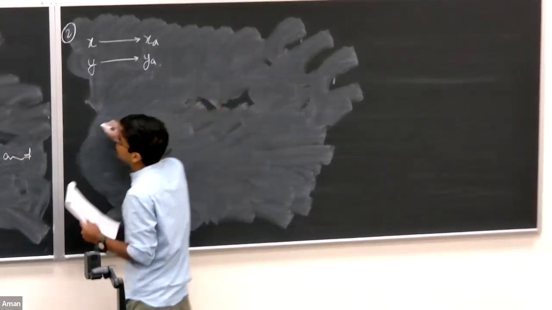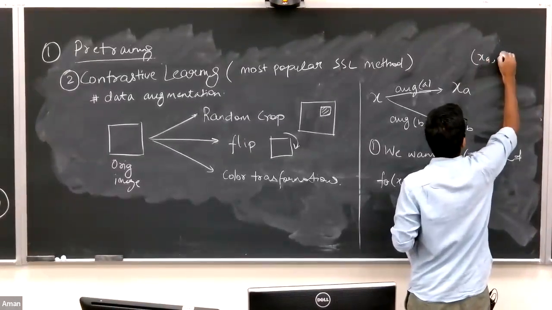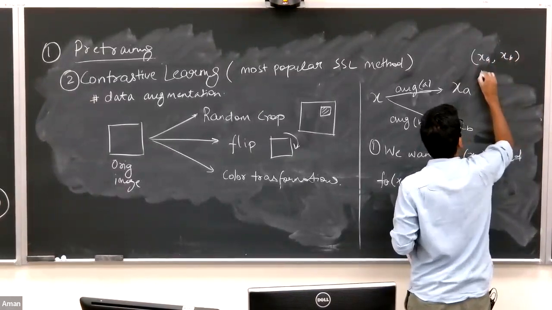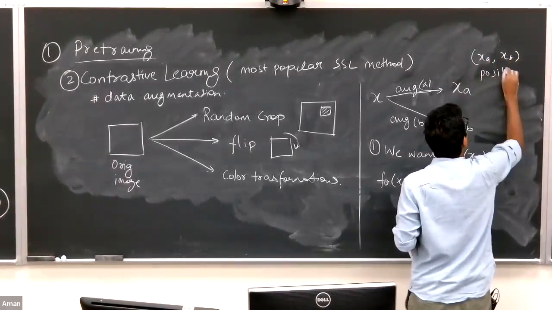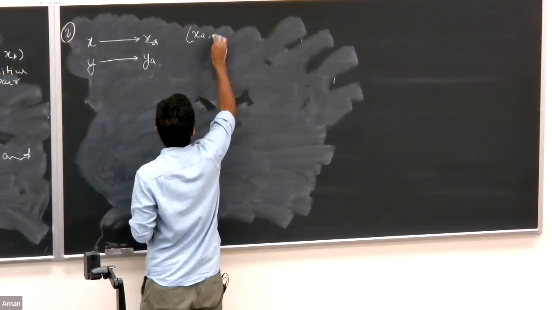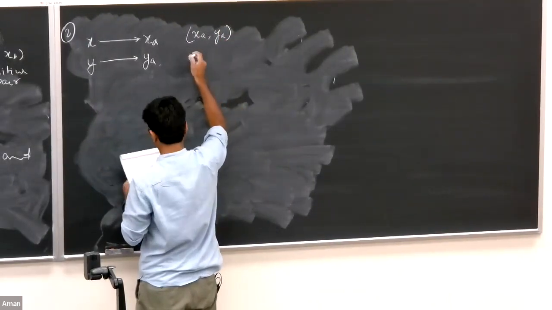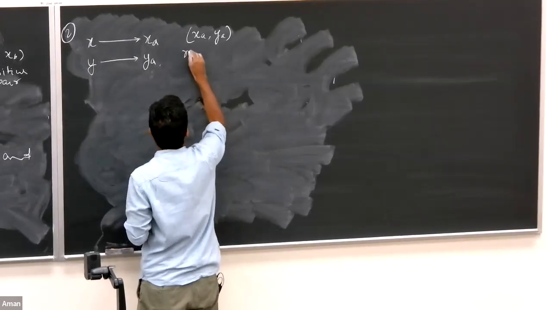So one more terminology that you should remember is that XA, XB is called a positive pair. And XA, YA here is called a random pair.